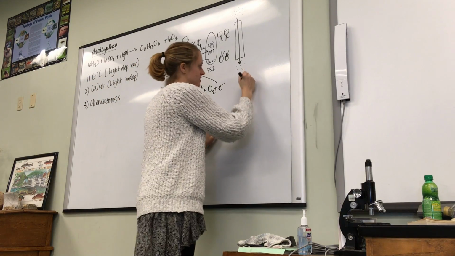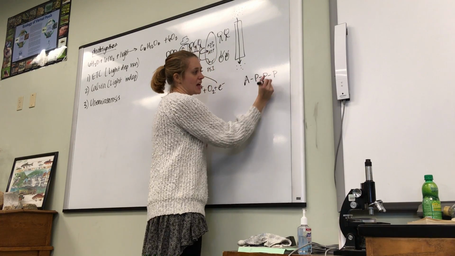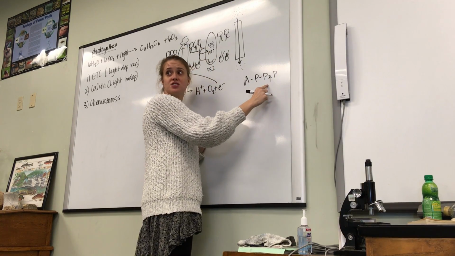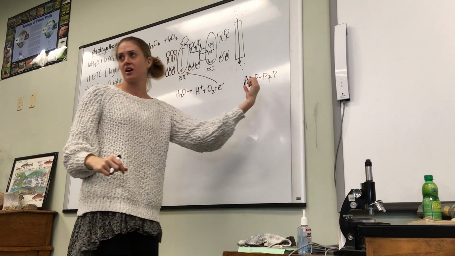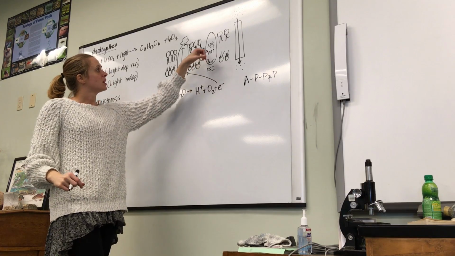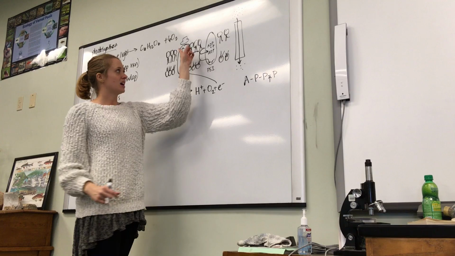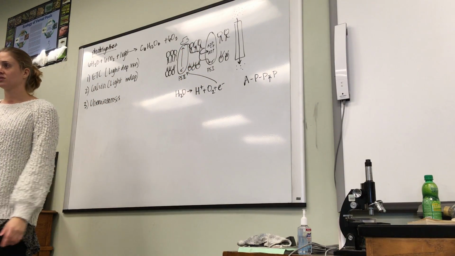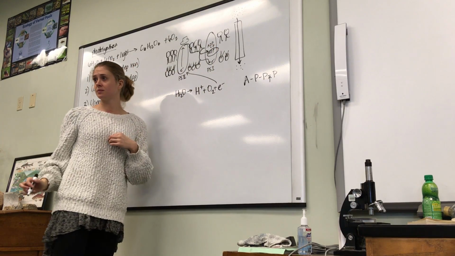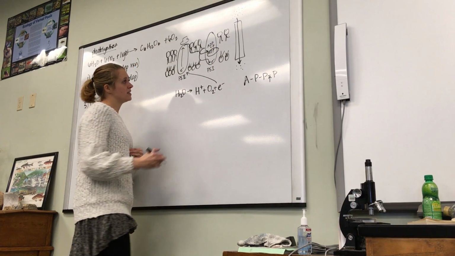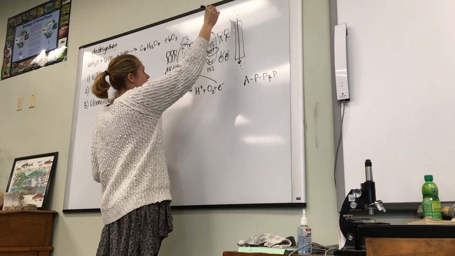Remember, ATP is an adenosine with 3 phosphates, and this bond holds a lot of energy, but it also requires a little bit of energy to stick it on there to begin with. So the ADP and the P get stuck together as this electron is falling down. So we actually are making a little bit of ATP right here.